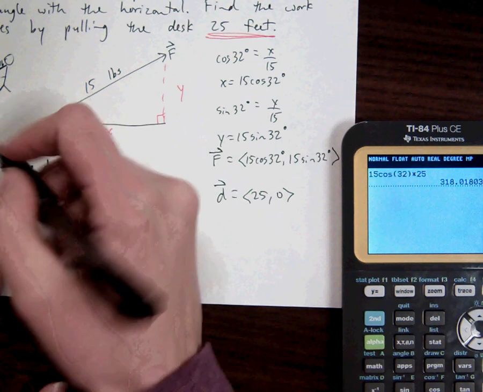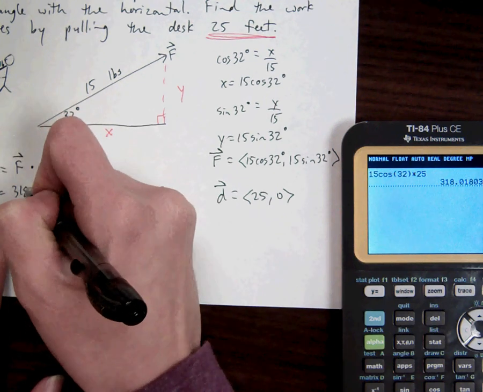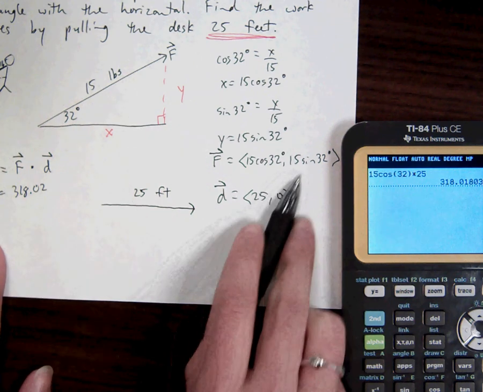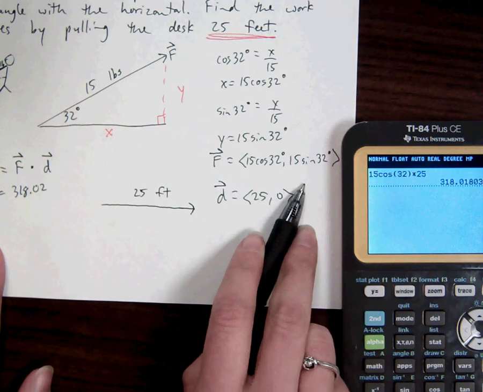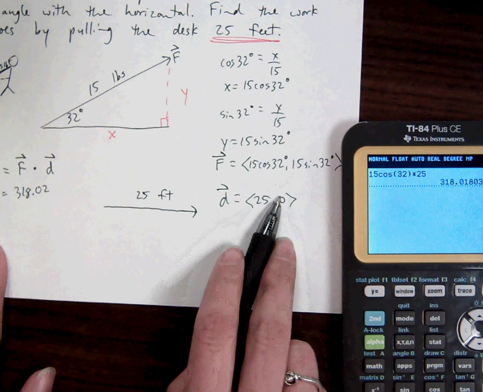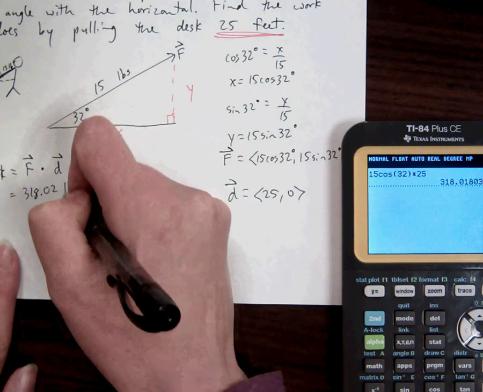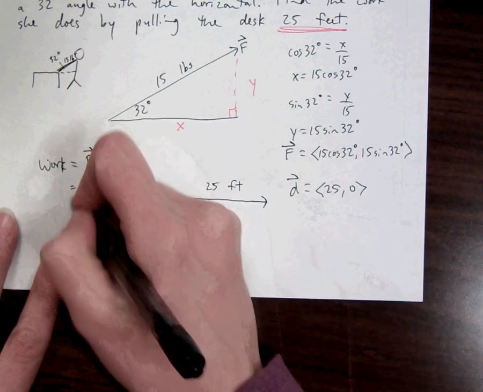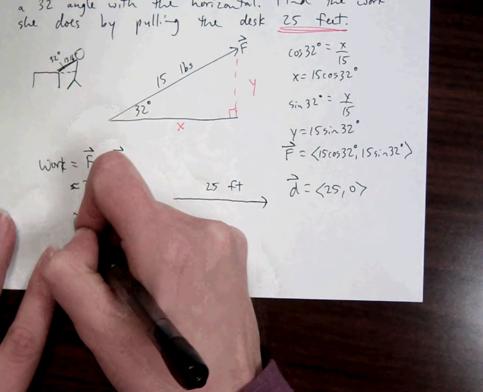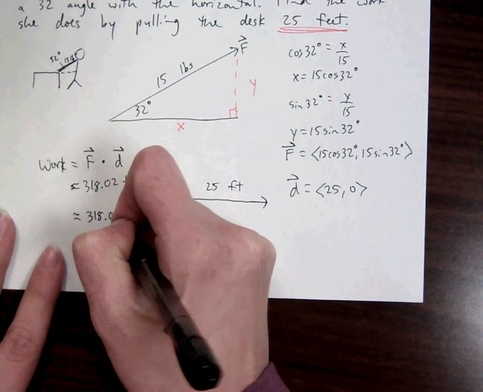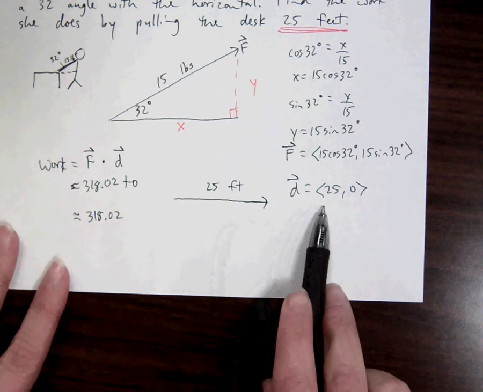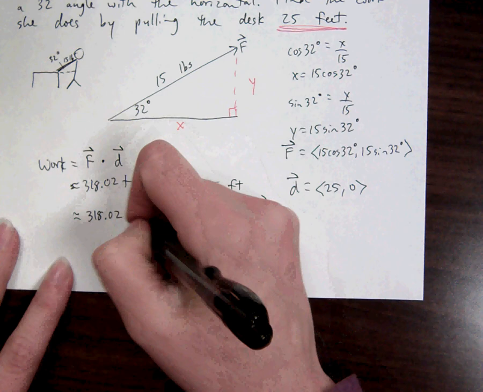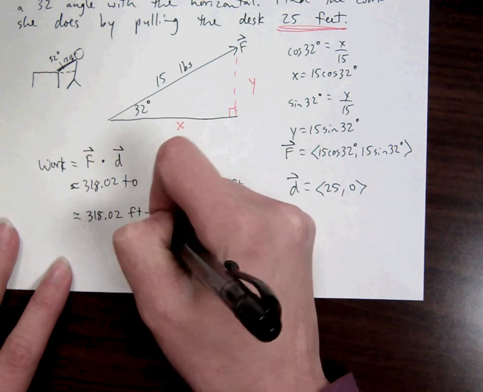I have that number, 318.02, plus, I don't even need to multiply that. 15 sine 32 times 0 is just going to be 0, so it's just plus 0. And so I already found the answer. It's about 318.02. The label for this, since this had to do with feet and this had to do with pounds, is foot-pounds of work.